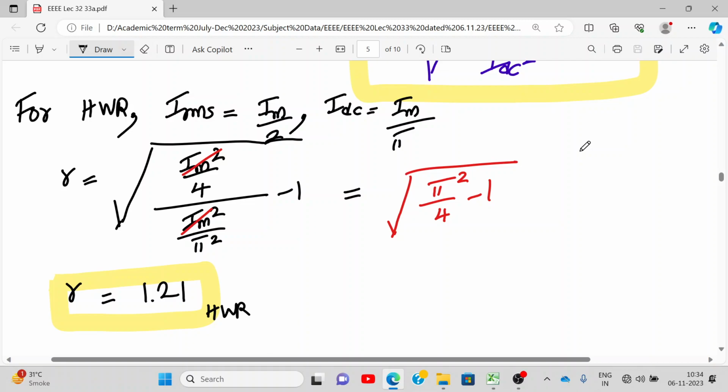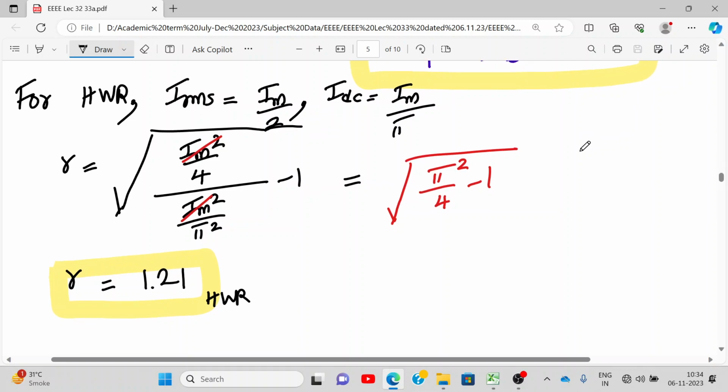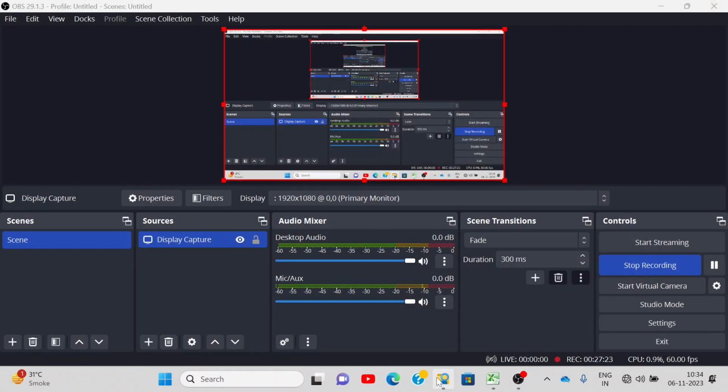So now we start with the full wave rectifier. So we complete this and now we start with full wave. Write down the topic as not full wave bridge, full wave center tap rectifier. Full wave bridge will be covered in the next lecture.